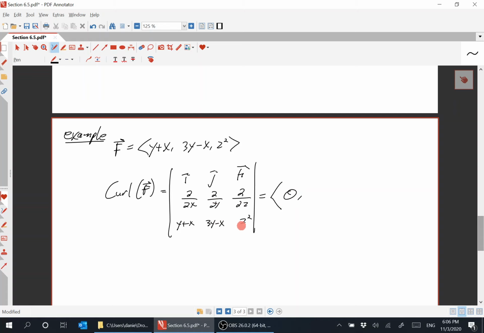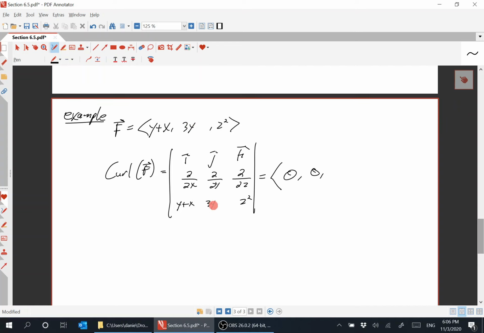0 minus 0. Partial with respect to y is 0, partial with respect to z is 0. In the next component, partial with respect to z is 0, partial with respect to x here is 0. And in the z component, partial with respect to x is minus 1, partial with respect to y, oops, it's 0. I didn't expect it to be conservative, but it is. Let's not actually have it do that. Partial with respect to x is 0, partial with respect to y is 1.